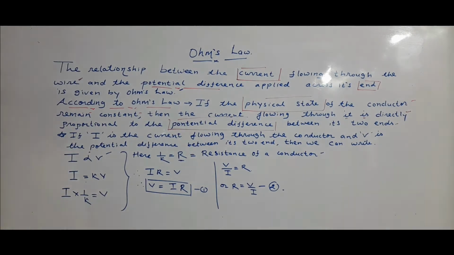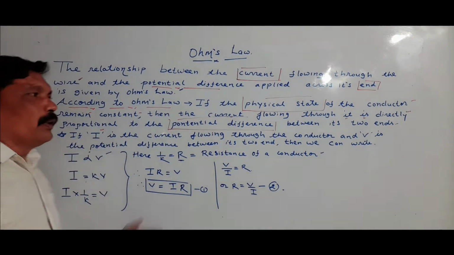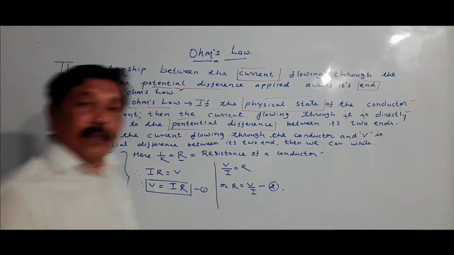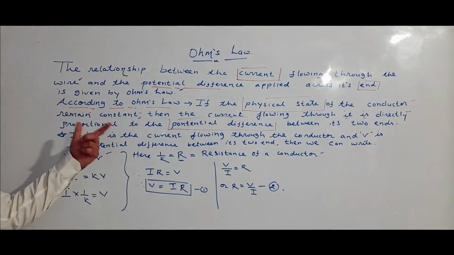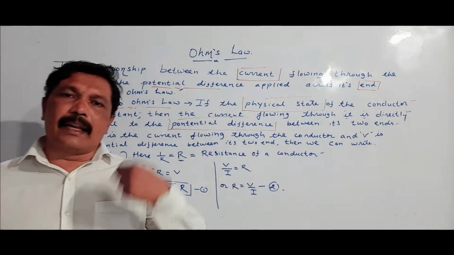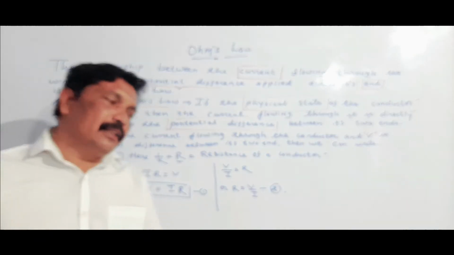From this definition, if we consider I to be the current flowing through the conductor and V to be the potential difference applied across its two ends, then we can write I is directly proportional to V, that is current is directly proportional to potential difference.